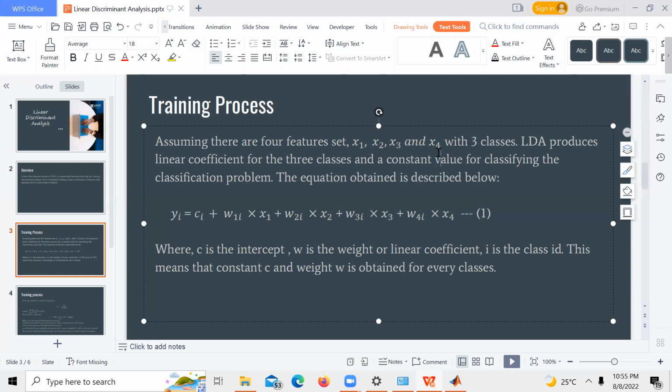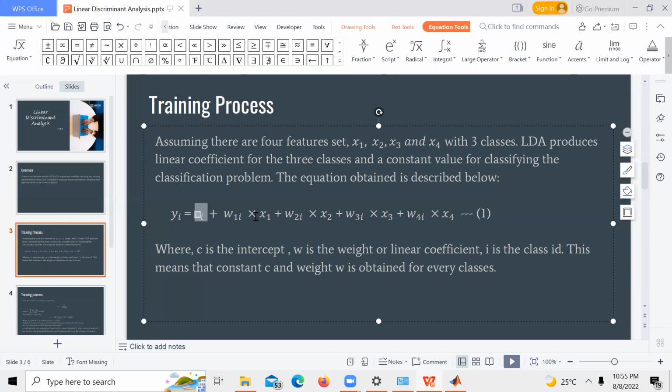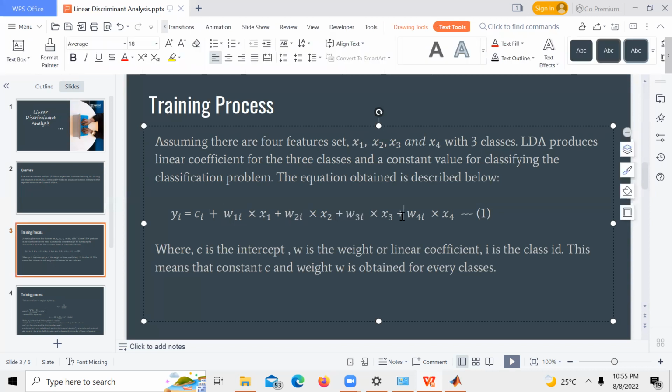What we do in LDA is produce a constant and weights for each of the 3 classes. For the first class, we have a constant and a set of linear combination weights, also called linear coefficients, W1, W2, W3, W4.